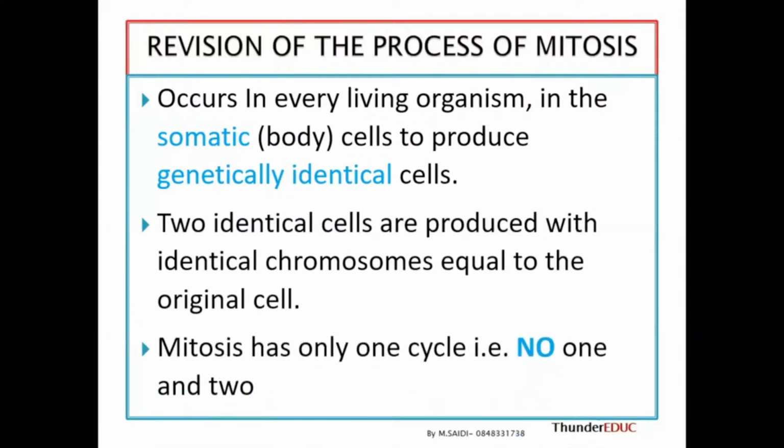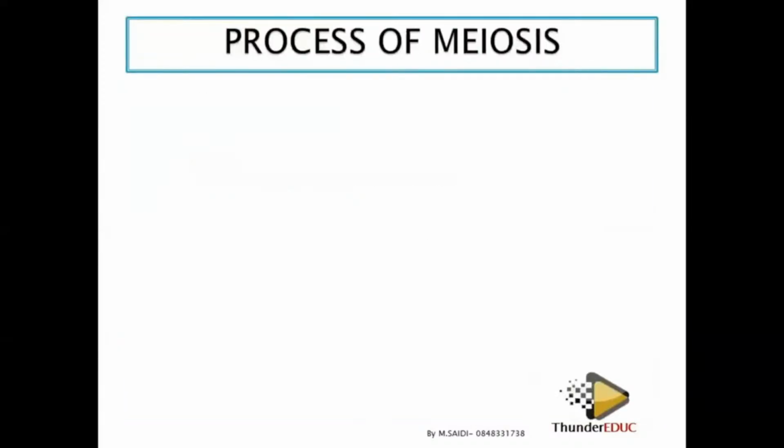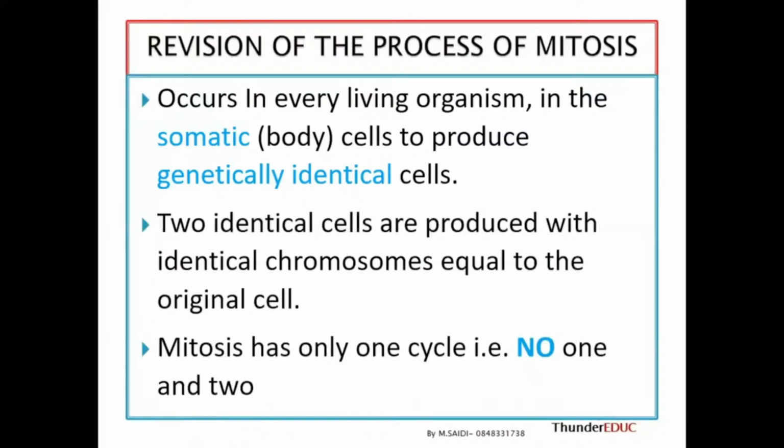Mitosis has only one cell cycle, it doesn't have mitosis 1 and mitosis 2. It means that meiosis has two cell cycles, meiosis 1 and meiosis 2.